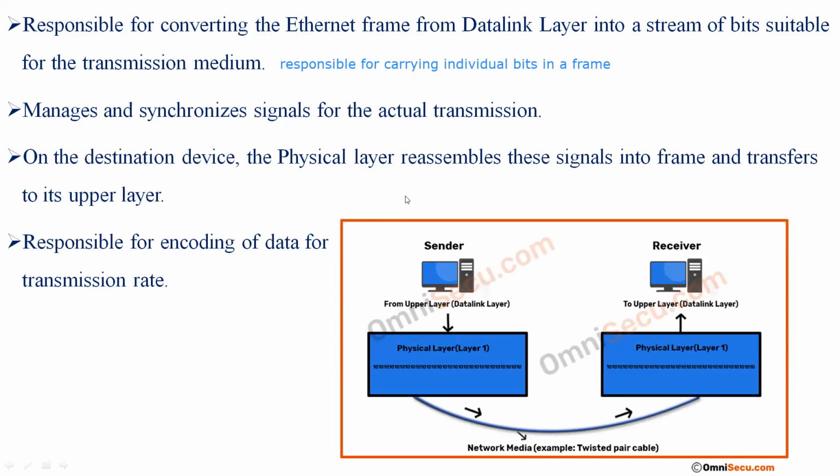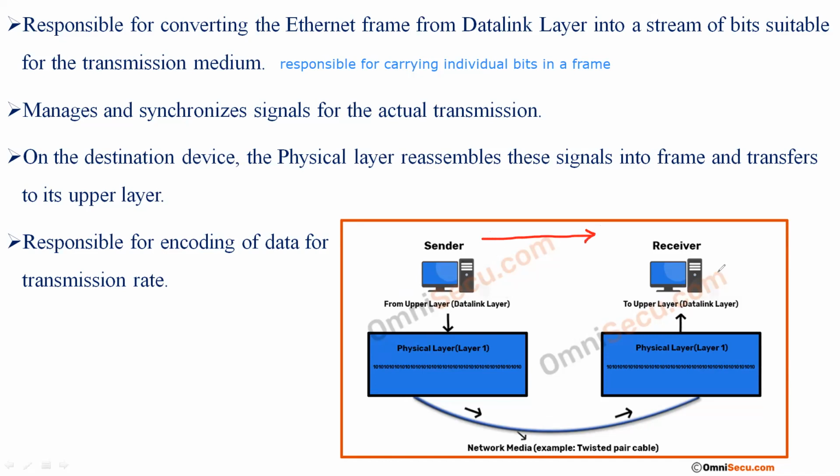This is the representation of the physical layer. The physical layer is the lowest level, as we know it is level 1 of the TCP/IP protocol. Here the communication is between two devices, the sender and the receiver.